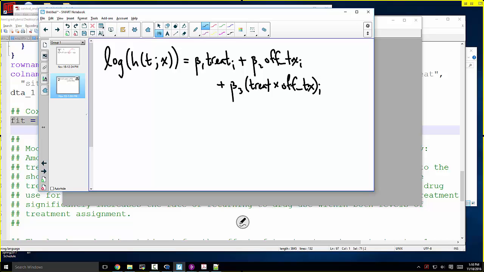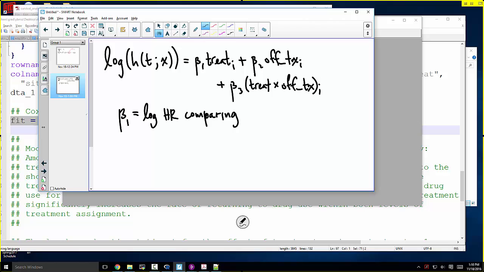So if off treatment is 0, the only thing that's in the model is beta 1 times treat. That means that beta 1 is a log hazard ratio comparing treat equal 1 to treat equals 0.